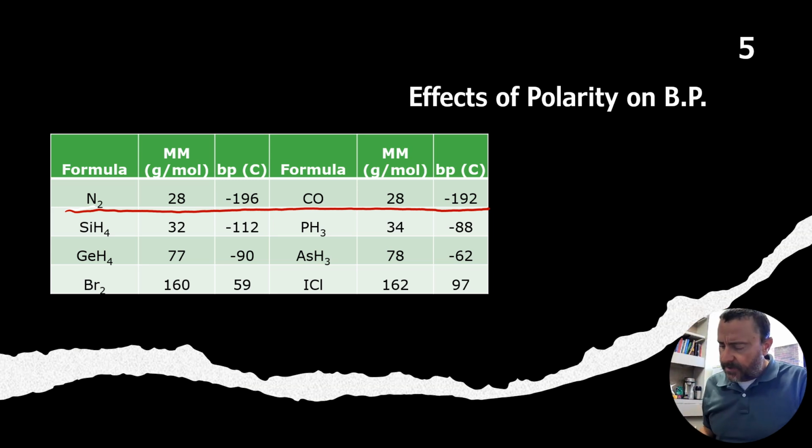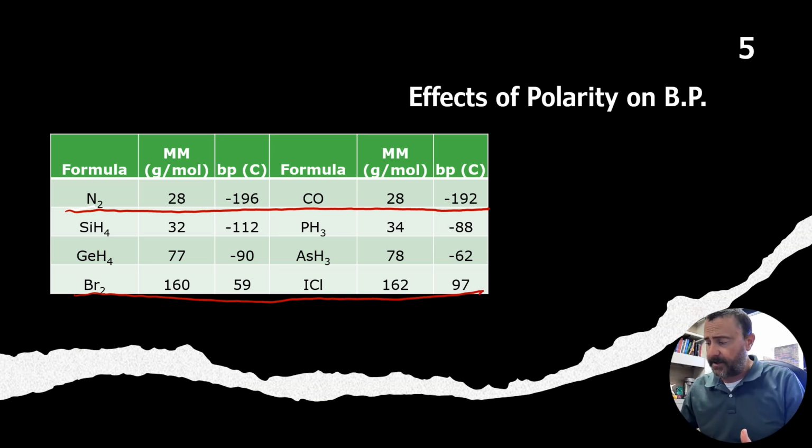As we go down, let's look at bromine versus ICl again. Bromine is completely nonpolar, whereas ICl is a little bit polar. Notice the differences between these boiling points. The molar masses are basically the same, and yet there's a relatively big difference in the boiling points.